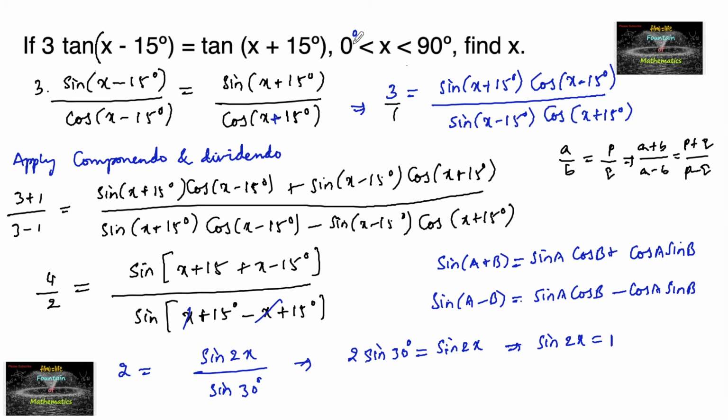And since x lies between 0 and 90 degrees, we can consider sin 2x equal to sin pi by 2. So 2x is equal to pi by 2, which implies x is equal to pi by 4. So we can consider x is equal to pi by 4 is the answer, right? Thank you.